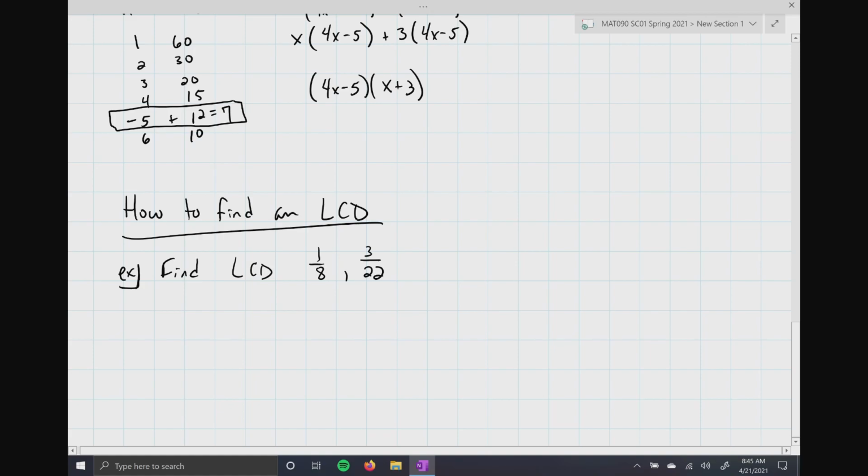How would I find an LCD of 1/8 and 3 over 22? Ooh. Oh, crickets. Oh, did I stump some people? How would I find this?